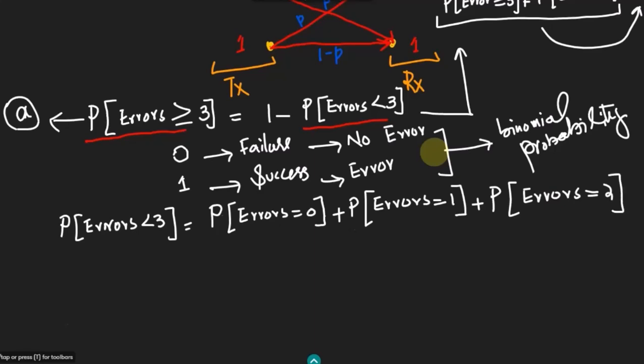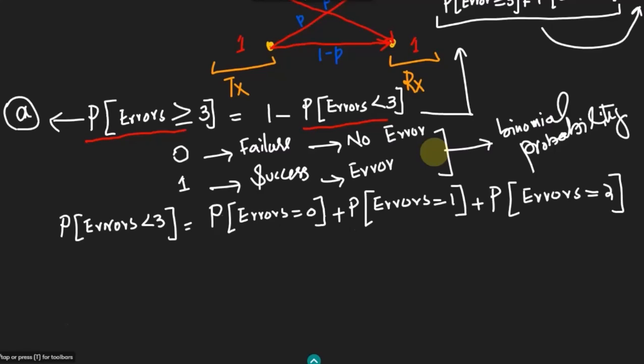So these are the three scenarios where we have error less than 3. Here we have a scenario in which out of n items, we have 0 success, 1 success and 2 success. And the number of successes we can find out by using the binomial probability law as mentioned here.